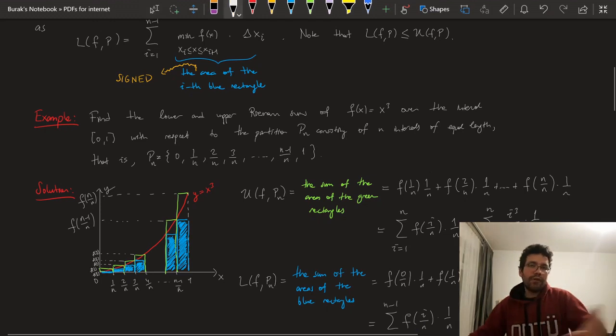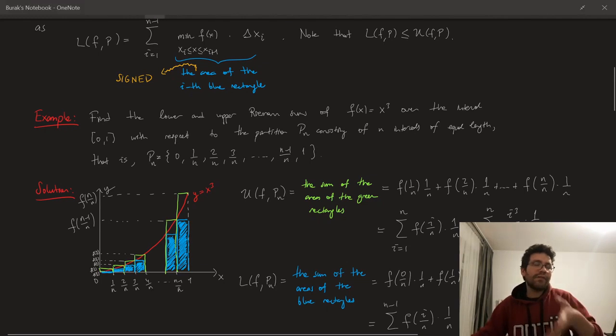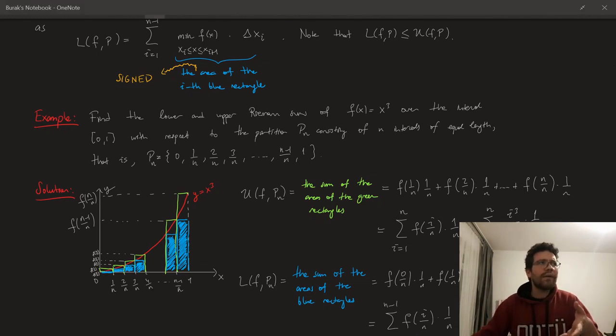So my approach to this question is to try to see this as a Riemann sum, but in order to do that, I need to first fix an interval, fix some delta x and so on. And delta x_i need not be a fixed number. It may depend on i. But for this specific example, I'm going to pretend that I'm using intervals of equal length, so these delta x_i's are all the same.